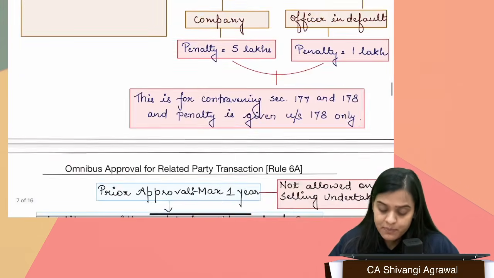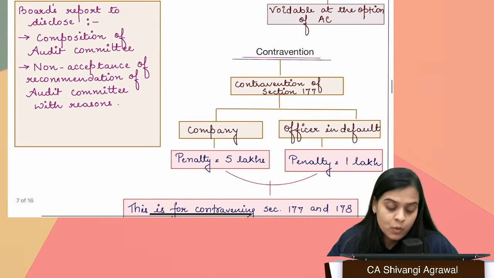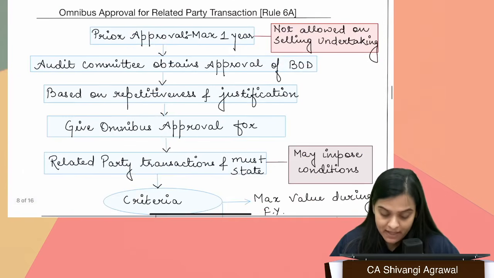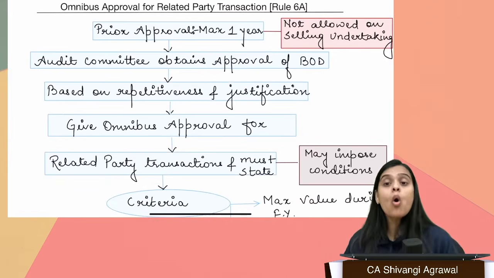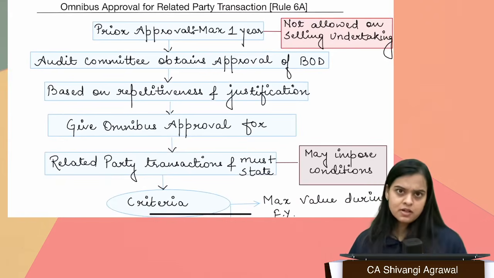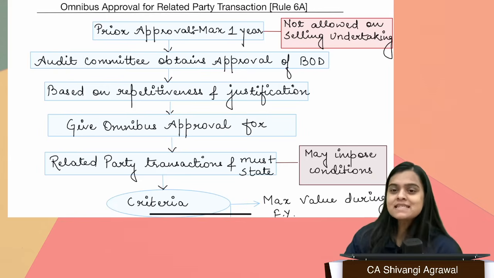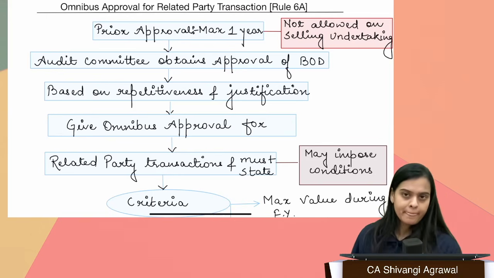Now, there is something more that I want to tell you. But before that, okay. Board's report, you have to disclose this, and if you contravene, this is going to be the penalty. Now, we also have something called omnibus approval for related party transactions. What is omnibus approval? Omnibus approval is like a one-time approval for a series of transactions.